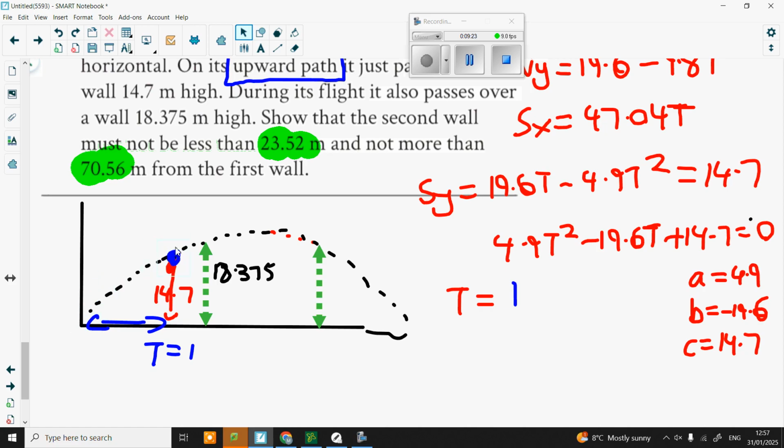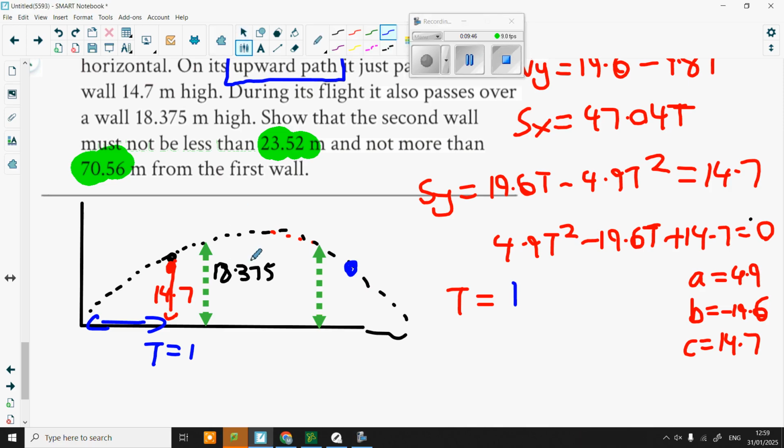So look, 14.7, 1 second in. All the way down, back down again, 14.7 for the second time, 3 seconds in. That's why there's 2 answers. Because it has to travel through a height of 14.7 twice. And we're only concerned with the way up, not the way down.